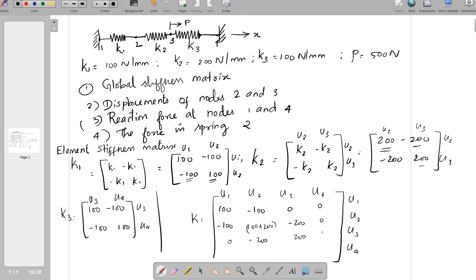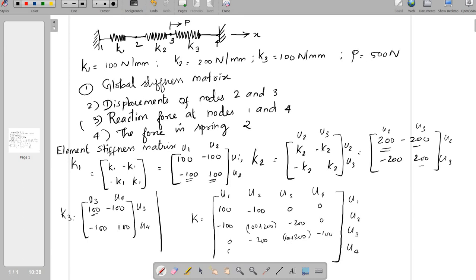And U4 and U3 is minus 100. So for U3 there will be another value: U3 is 200 here, and in the K3 element U3 is 100 here. So we have to add 200 plus 100.